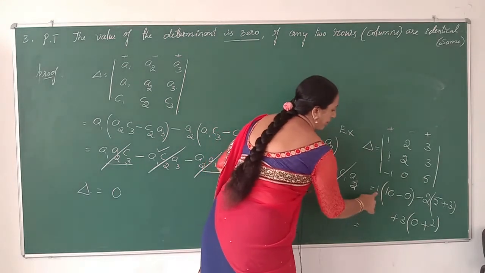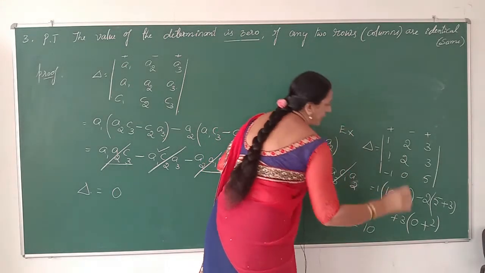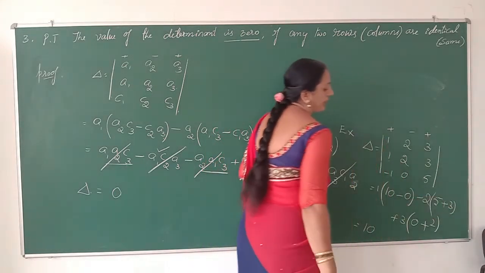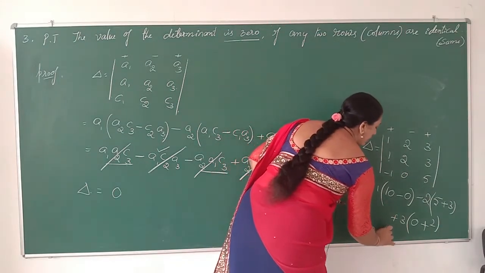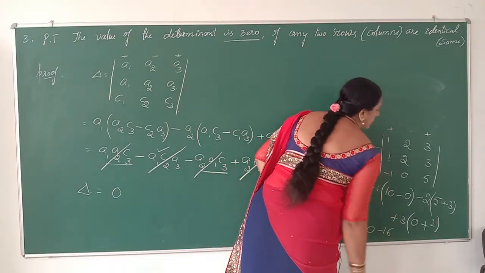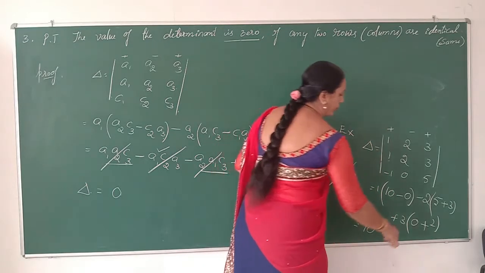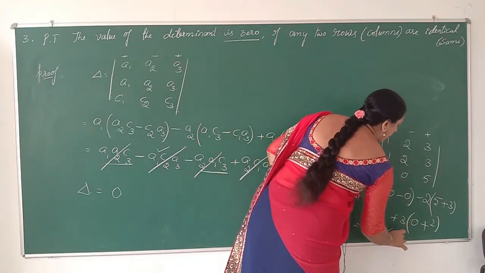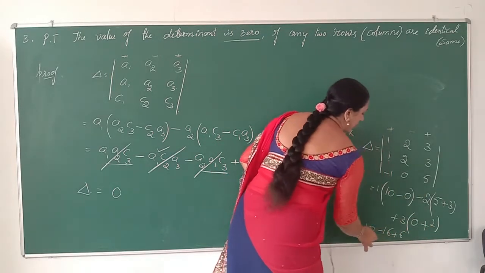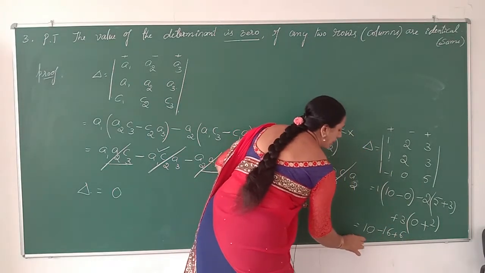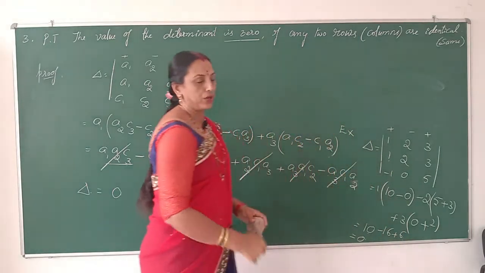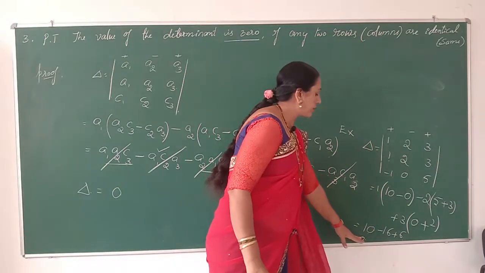After simplifying, 1 into 10 is 10, 5 plus 3 is 8, 8 into 2 is 16, 0 plus 2 is 2, 2 plus 2 into 3 is 6. So 10 plus 6 is 16, and 16 minus 16 is equal to 0. Therefore the value of the determinant is 0.